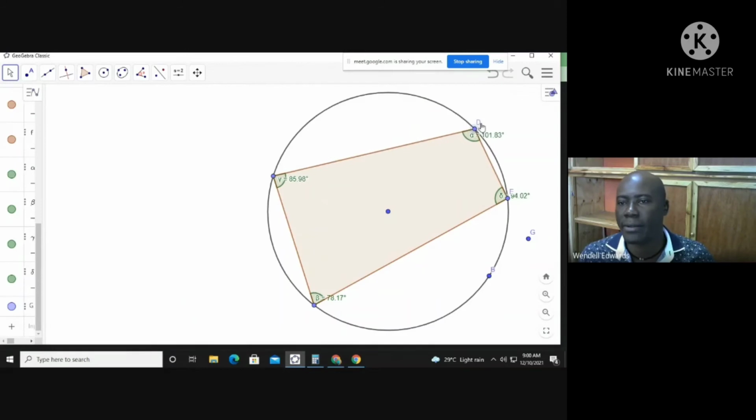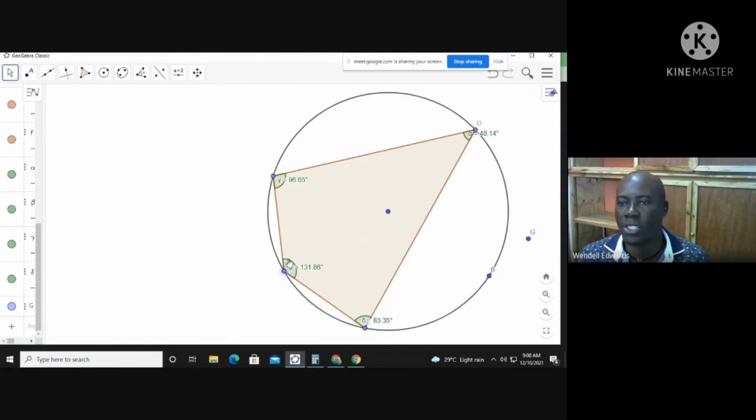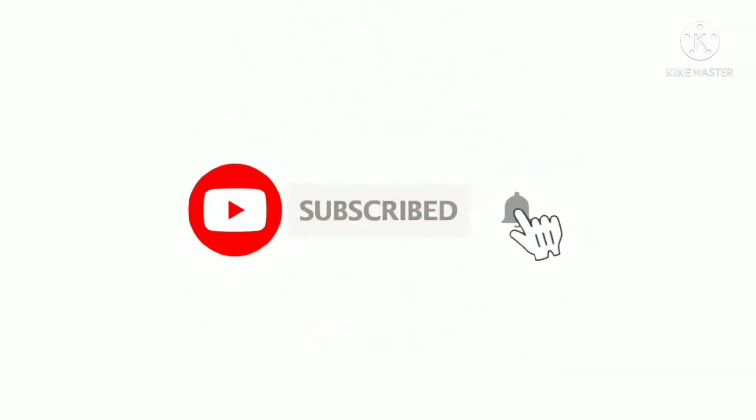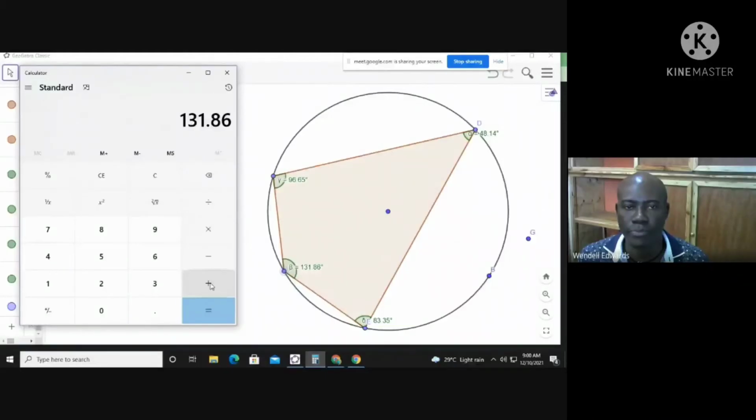I could even change the angles. I could move this around, the angles change, and I'm going to double check it now. Let's bring back my calculator and check those. We're checking 131.86, and we're adding that to 48.14.